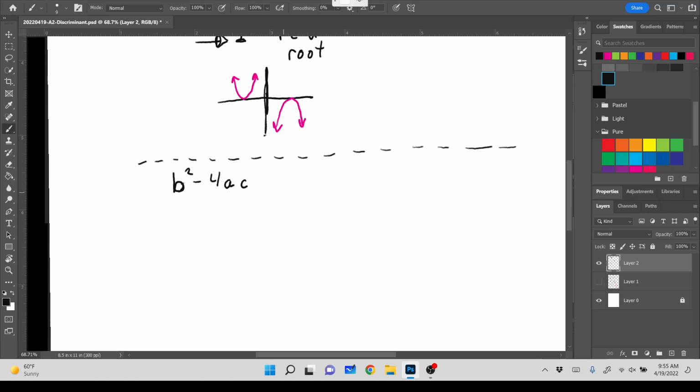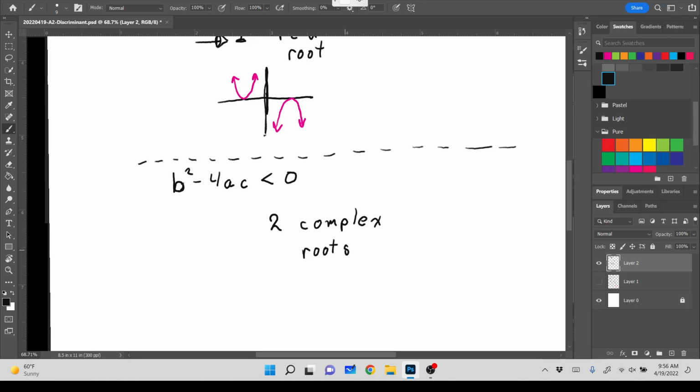So if the discriminant is less than 0, what's another name for saying something's less than 0? Negative, right? So if it's less than 0, then it still has two roots, but it has two complex roots. For our purposes, that means it has an i in it, right? And at this level of mathematics, that's all we really care about.